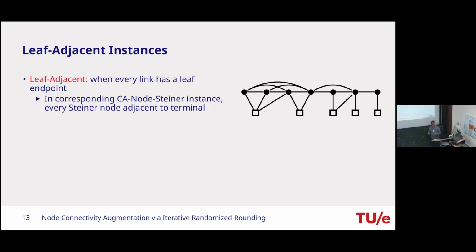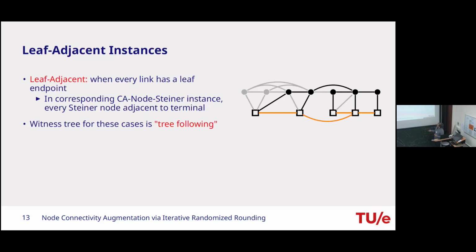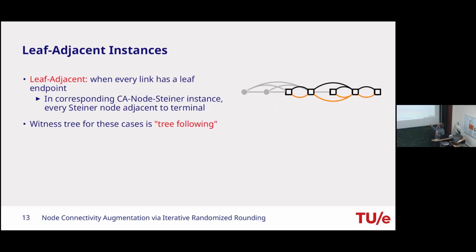So for this case, the witness tree is, we can refer to it as tree following in a sense, which becomes quite clear if you contract every edge between a terminal and its adjacent Steiner node, it becomes this tree here.